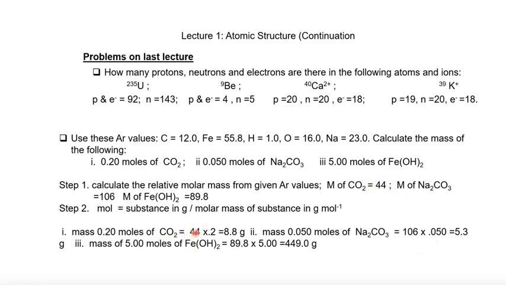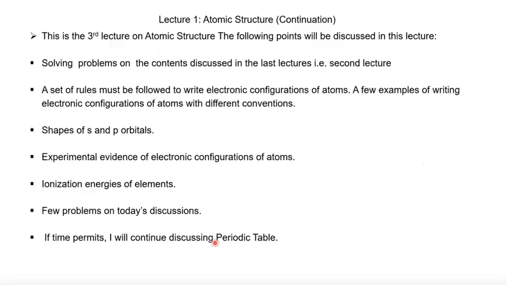We multiply 44 by 0.2 and we immediately get the mass of 0.2 moles of carbon dioxide, and it is 8.8 gram. And you go like this for the others. Now we go to the next slide.